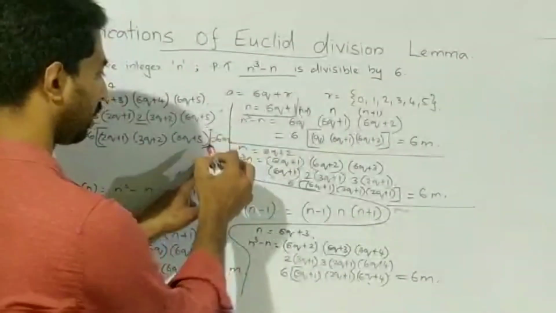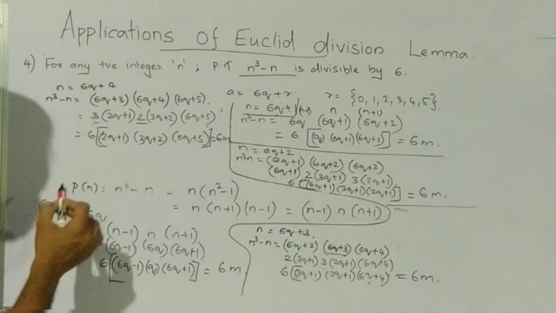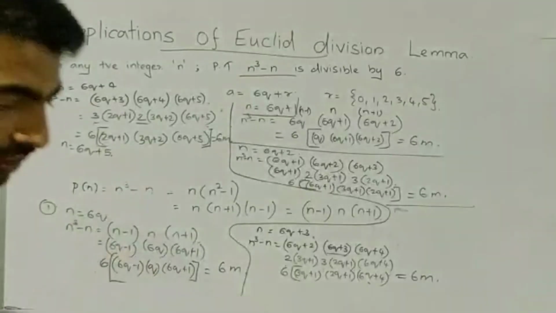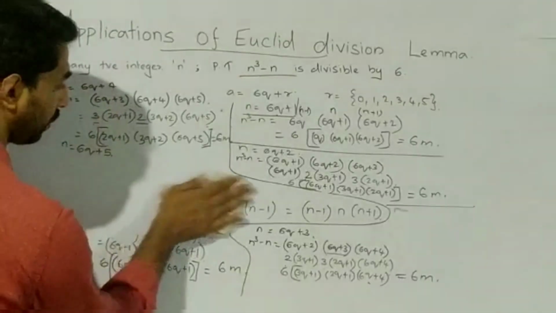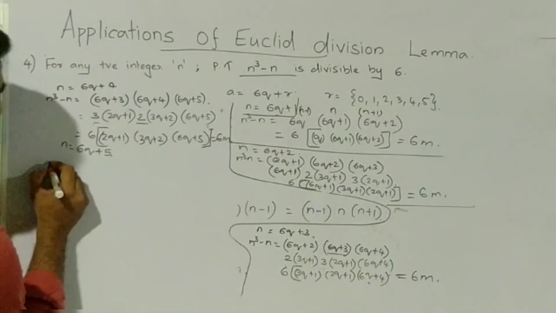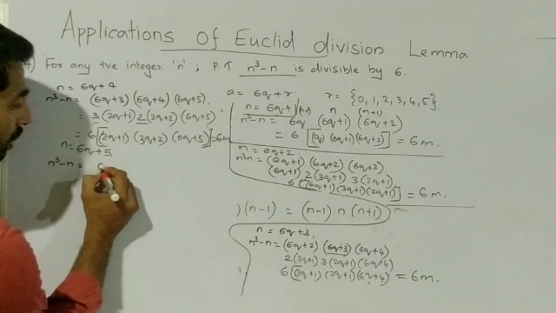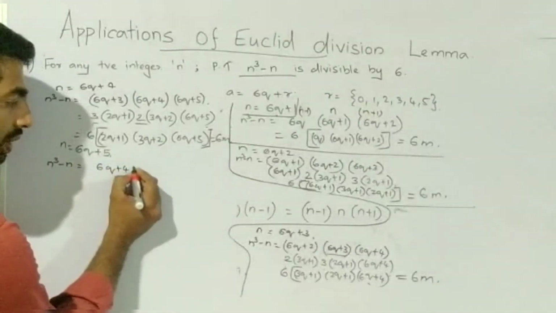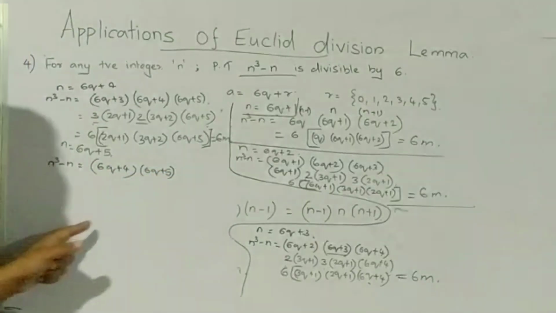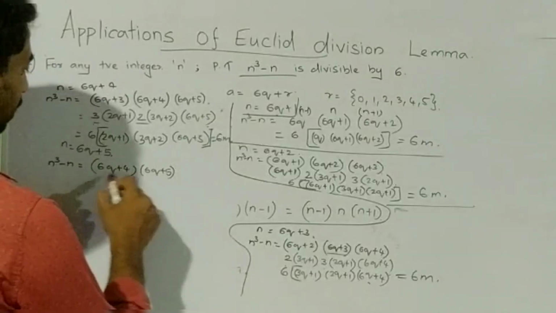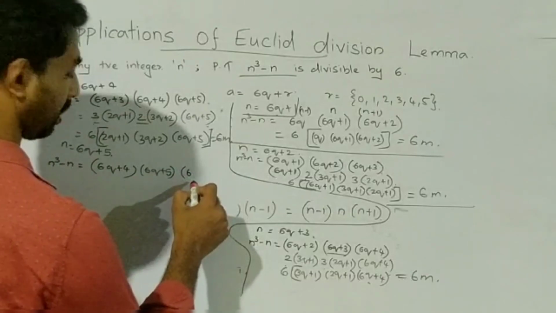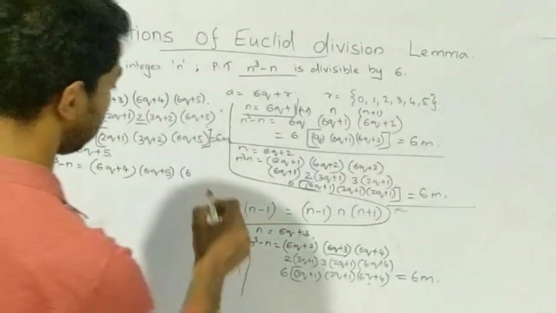Yes. And the last case, n is equal to 6q plus 5. So in that case, what will you write? Again, n cube minus n is equal to (6q plus 4), n minus 1, into n, (6q plus 5), and then n plus 1, which is 6q plus 6.